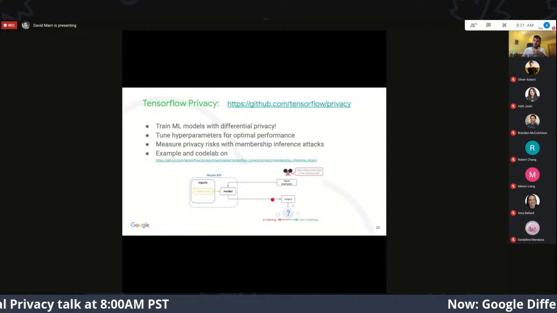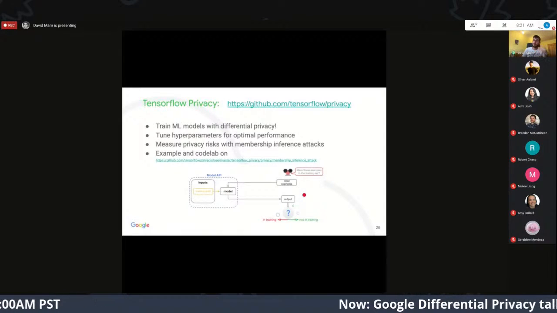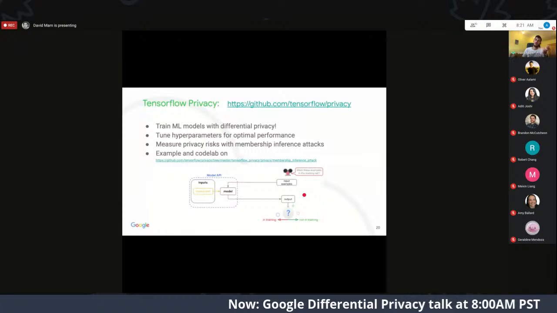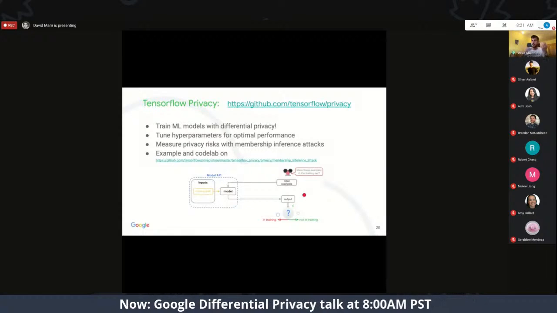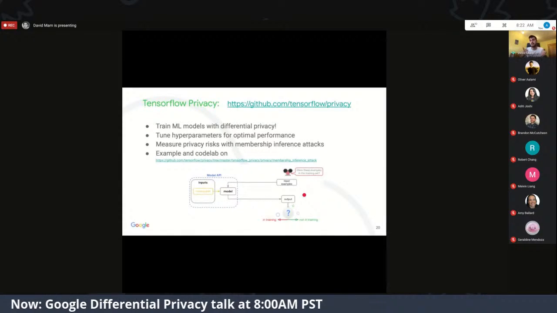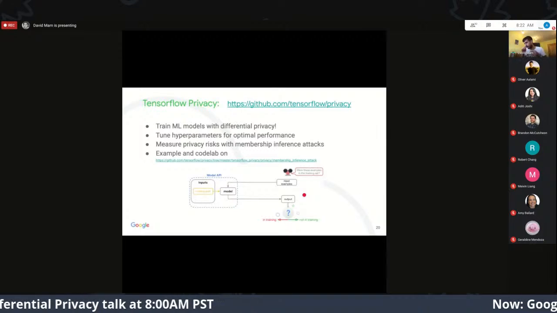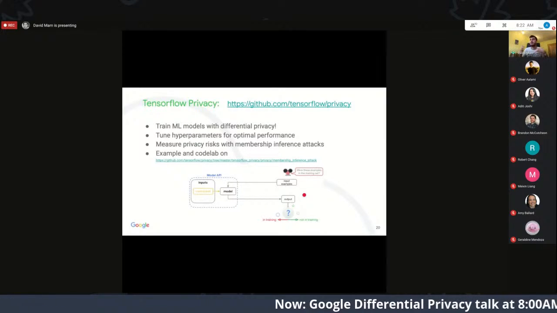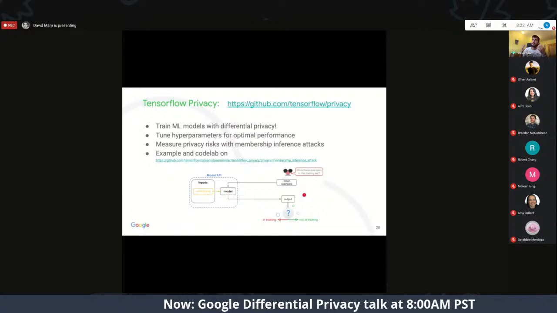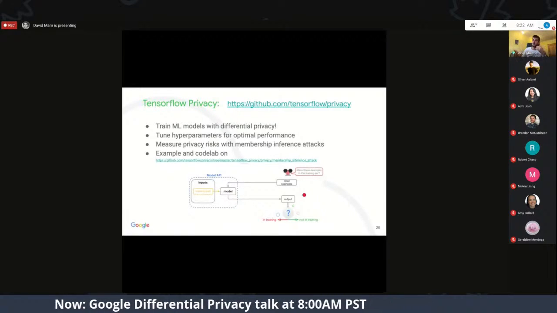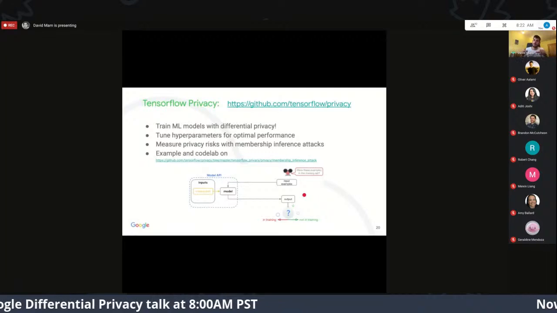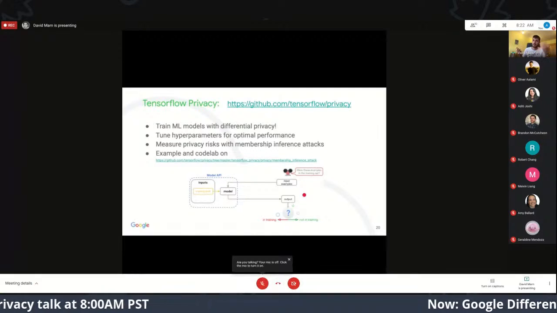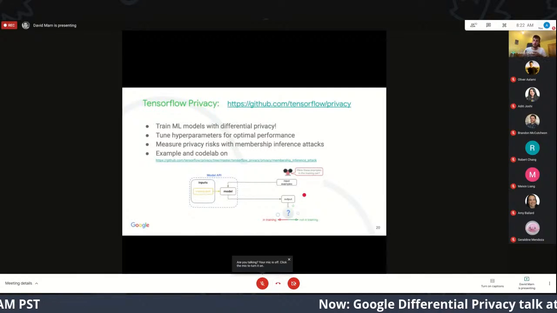And now, as they get the corresponding output probabilities or predictions, they want to decide whether or not these examples were part of the training set or not. And if these examples behave sufficiently differently that it allows you to distinguish between examples in training and examples not in training, this then can be considered a privacy risk.